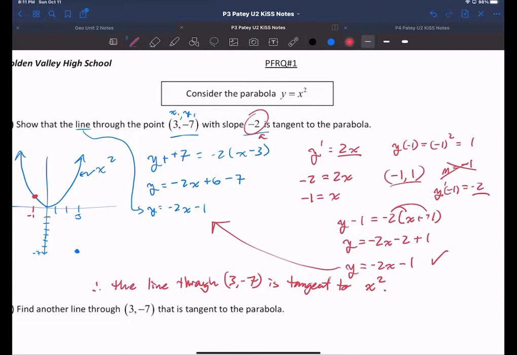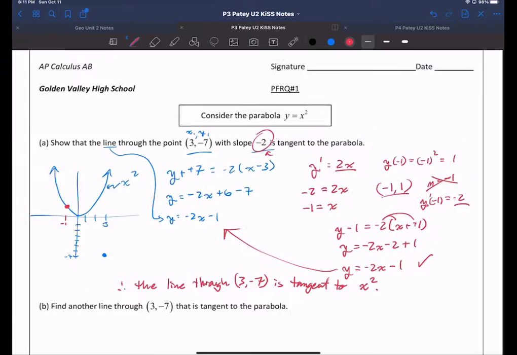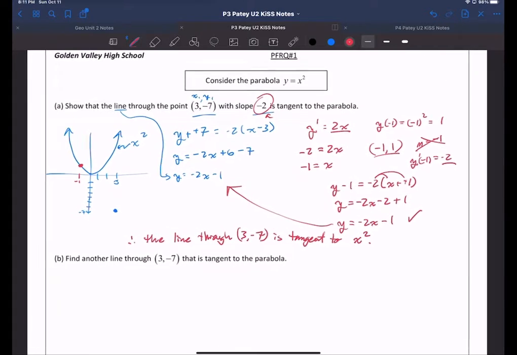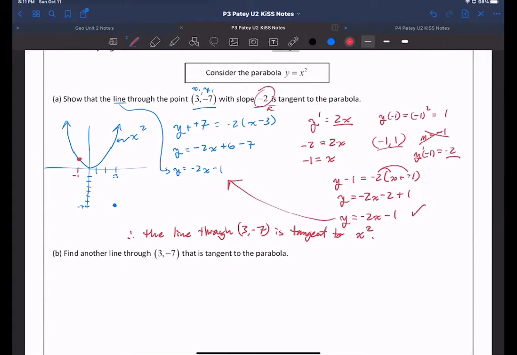Done. Okay, so that's that part. I feel like that was the hardest part, because whenever you first read a problem, you have to try to understand what's going on in that problem. And here I can see, okay, that makes sense. We were able to prove that that was a tangent line to that curve.